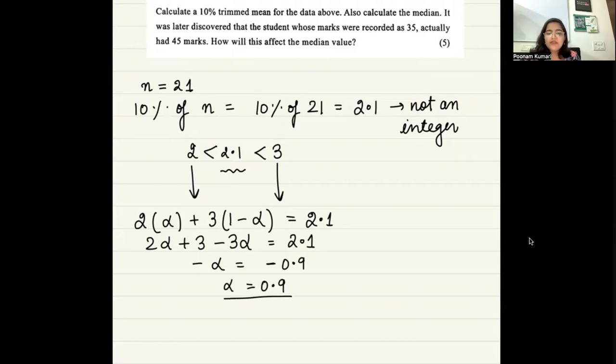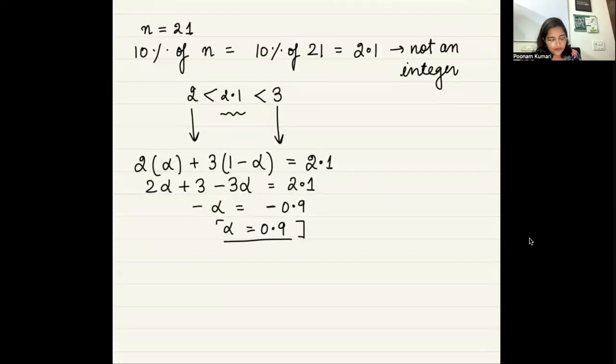So you have to give 0.9 weightage to the trimmed mean when you remove 2 observations, and 10% weightage to the mean that you get when you remove 3 observations.